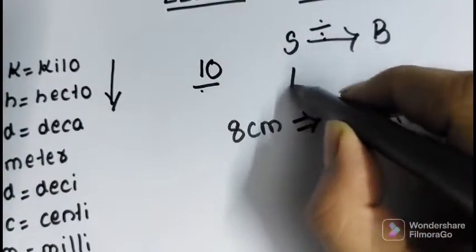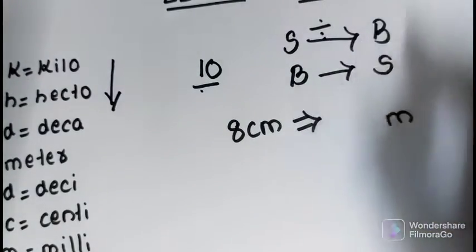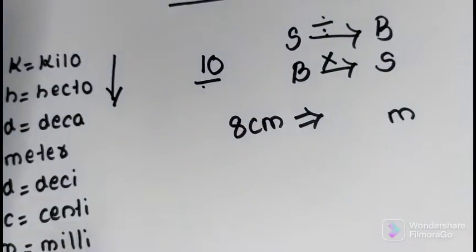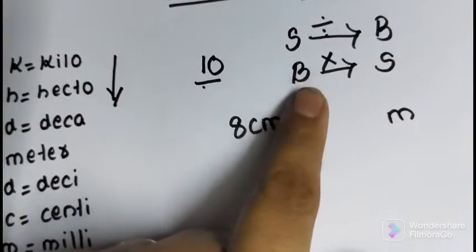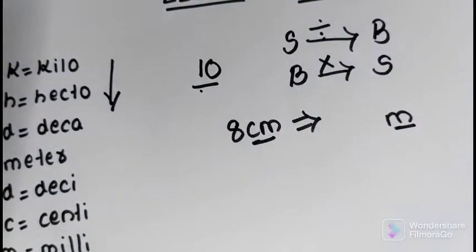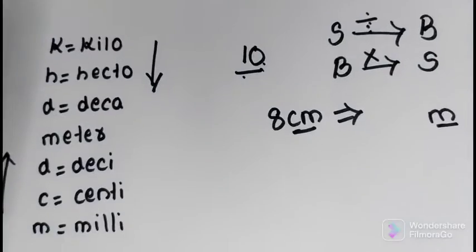And just the opposite, from a bigger unit to a smaller unit, you have to multiply. This is how you can remember it. So now you have the small one and you want to convert into the big one, you know you have to divide. By what should you divide this? The 10 I told you.